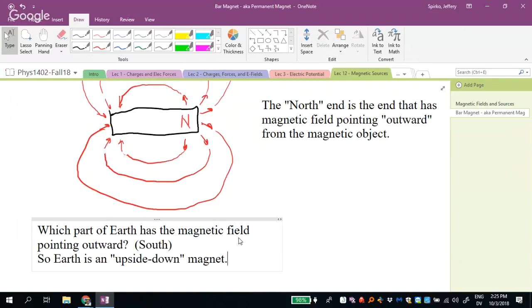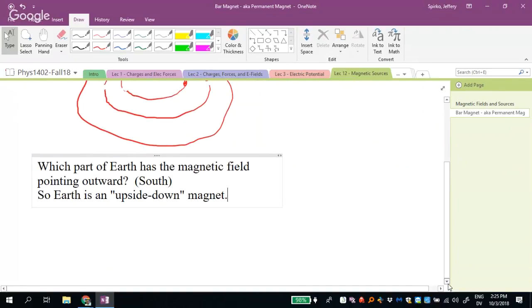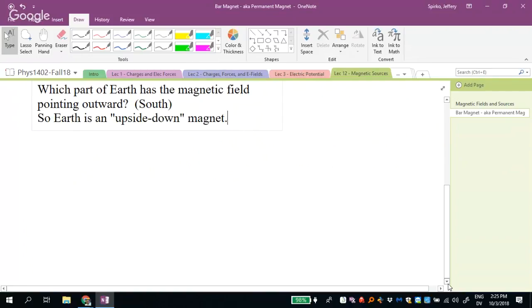And you could kind of justify that by thinking about having two Earths. If you had two Earths, I'll put the geographic north in blue and the magnetic north and south in red. So this is the north and south poles from magnetism's point of view.